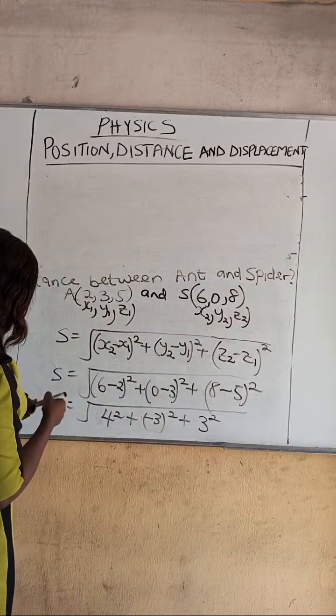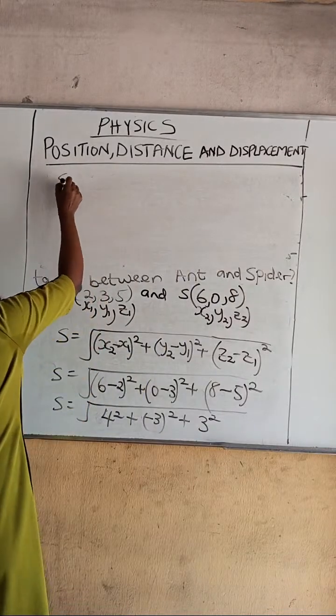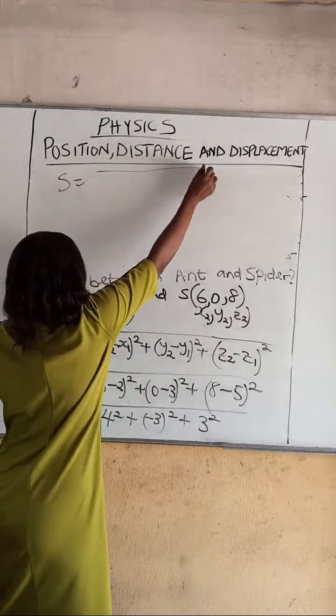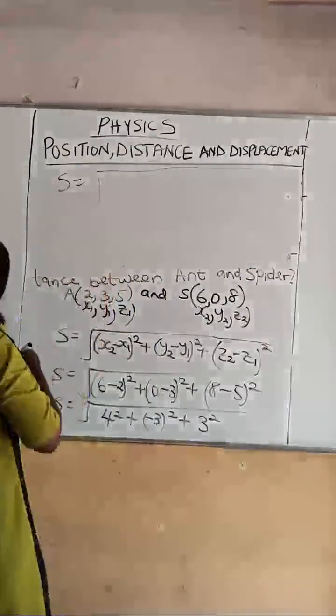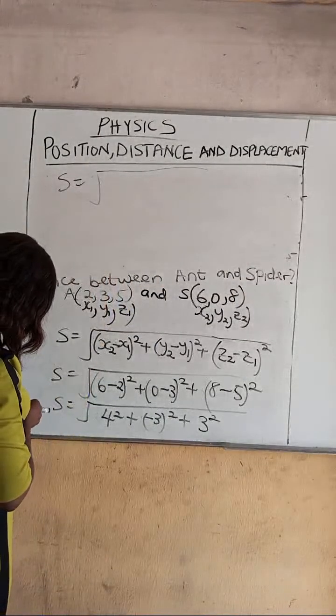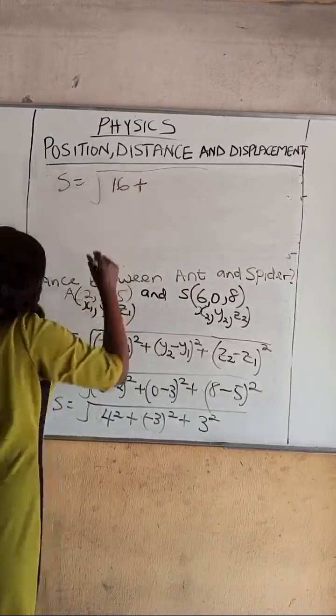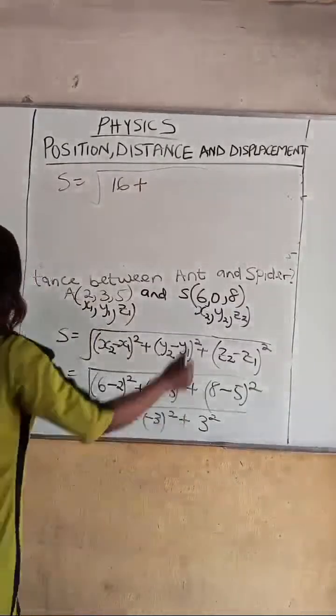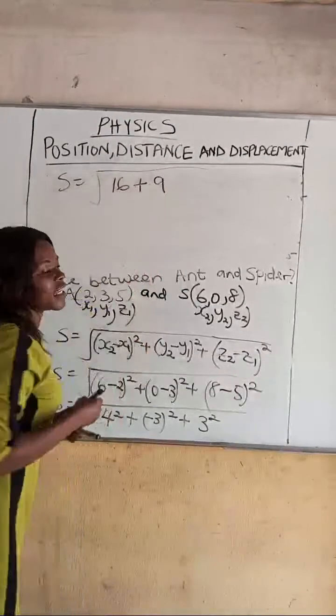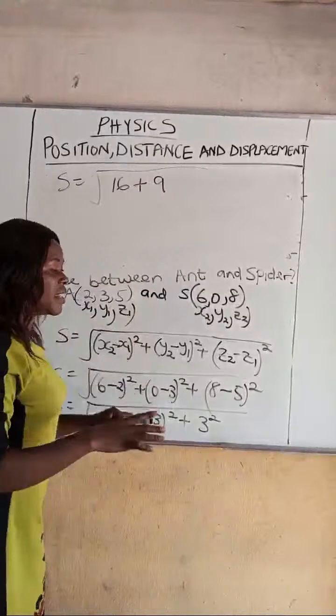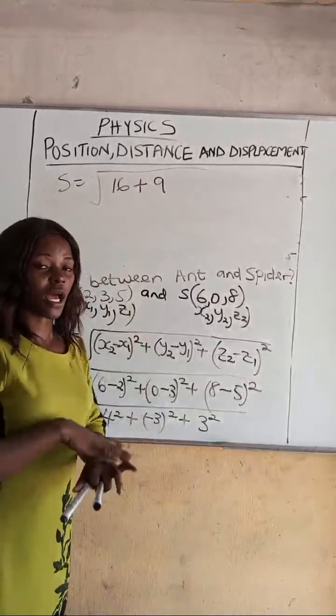So I'm going to break it down by saying x is equal to root of 4 squared, which is the same thing as saying 16, plus minus 3 squared, which is 9, because I told you that squaring a negative sign has no impact on our square.